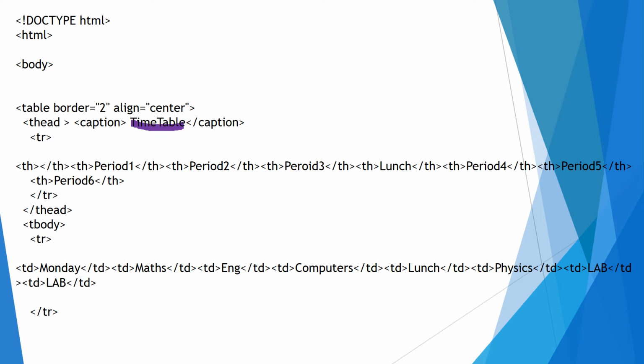This timetable contains 6 periods and there is a lunch hour. These are table headers, period 1, period 2, period 3, and all of these are table headers. So I am writing these in table header. These are grouped together in a table head.